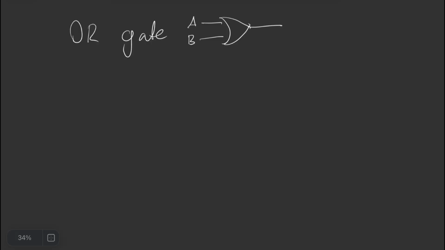okay? We know that our OR gate is going to produce a value of A or B. We know that our OR gate has two inputs, and we know that our combinations equal 2 to the power of the inputs, which will equal 4.